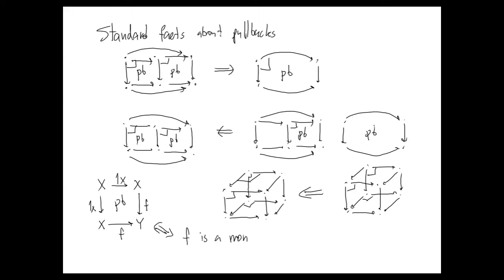I haven't defined monomorphism yet, but I'm going to do it now. A monomorphism in a category is a generalization of an injective function. In the category of sets, one can confirm this fact by what we already remarked, that when I take the same F and pull back along itself, I'm going to get the kernel relation of F.